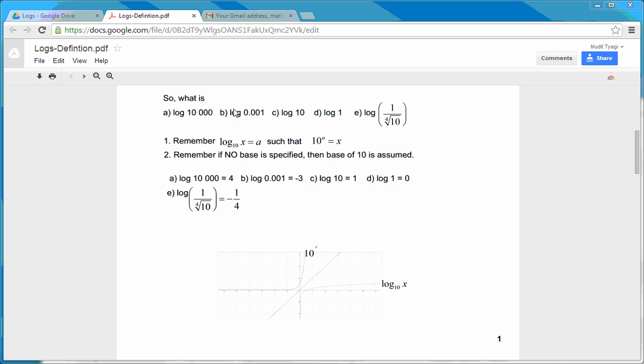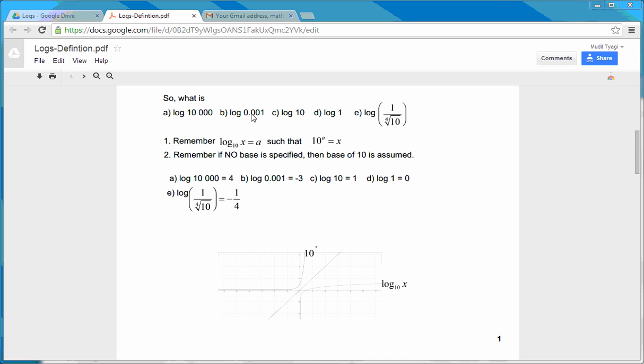So log of 0.001, what is that? Well, first of all, the base here has to be assumed to be 10. So the question really is, what is log of 0.001 to the base 10? Now, 0.001 is equal to 1 divided by 1,000, and 1 divided by 1,000 is 1 over 10 to the power of 3, which is 10 to the power of negative 3.